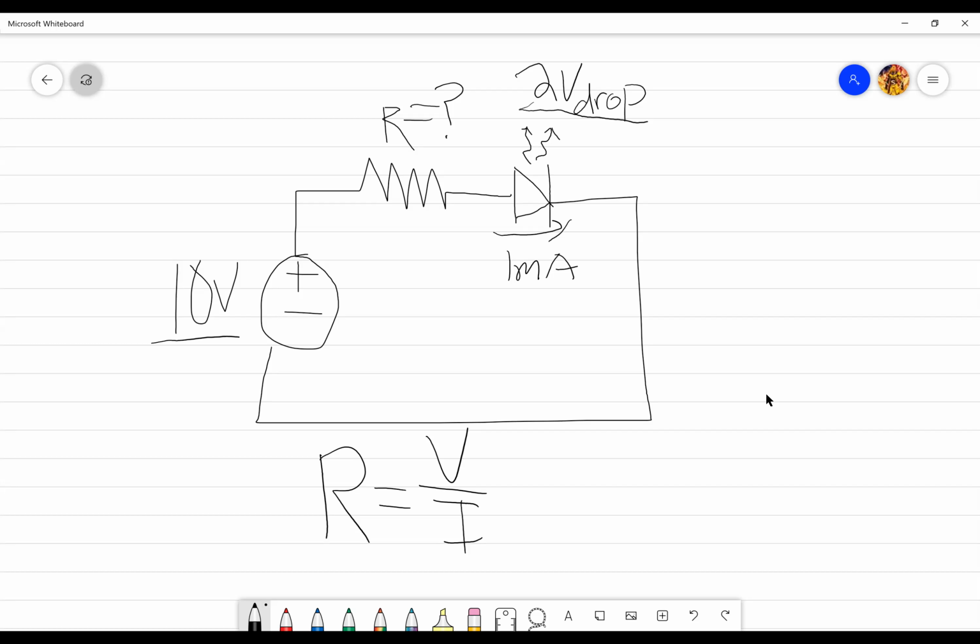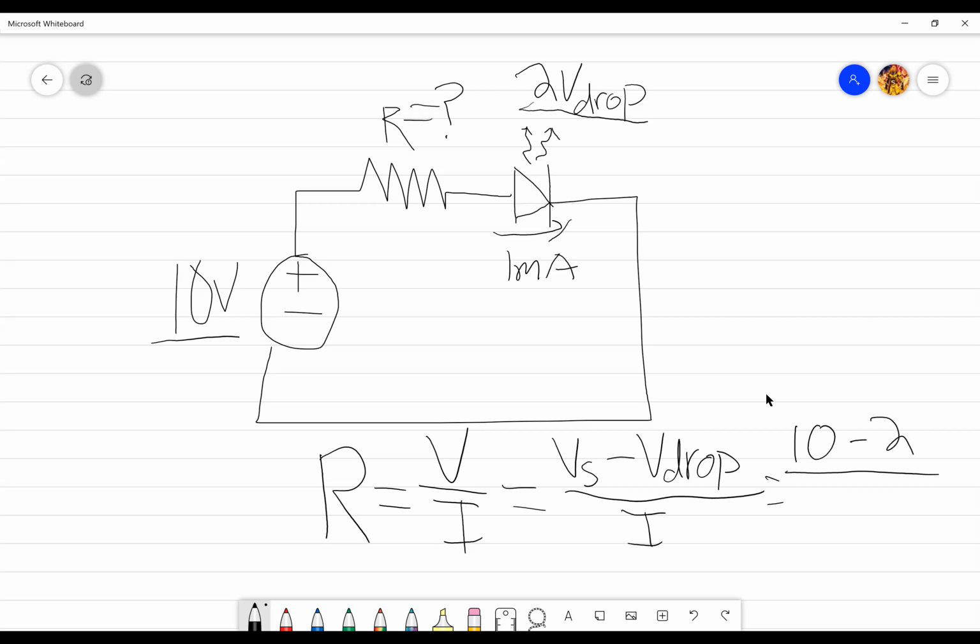So we use R is equal to V over I, and we set V equal to our voltage source, Vs, minus that voltage drop on the diode, and we divide it by that current that we have, which is 1 milliamp. Therefore, 10 minus 2 all over 1 milliamp. Does anybody have that calculation ready?